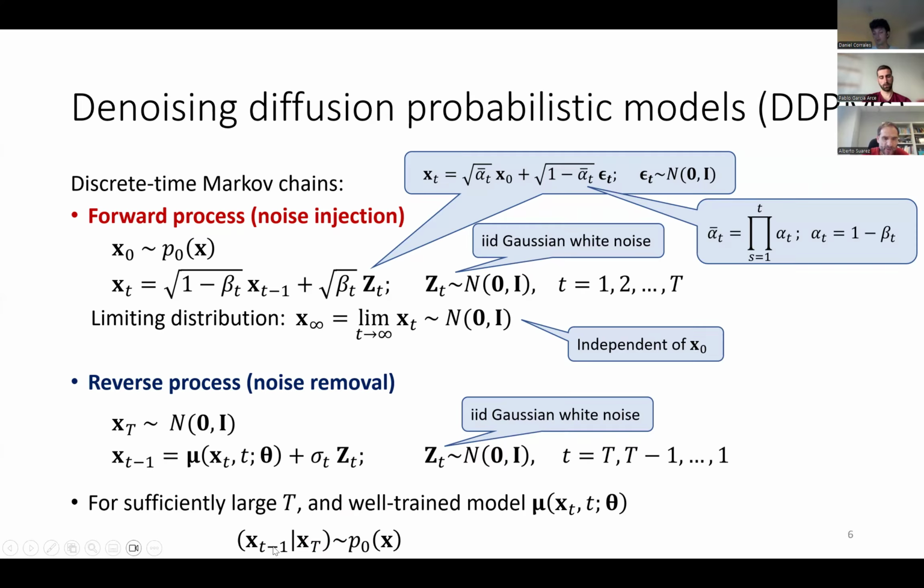This should be x0 conditioned on xt, with xt going with p0. I'm sorry. I will correct this and send you the corrected notes because there are some bad typos. So this is x0 conditioned on the value of xt, which should resemble a sample from the distribution of cats. Any questions up to now?